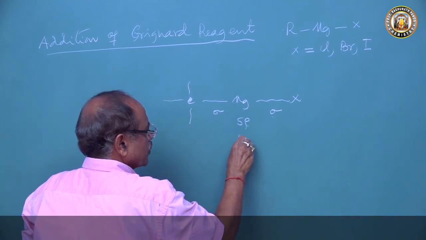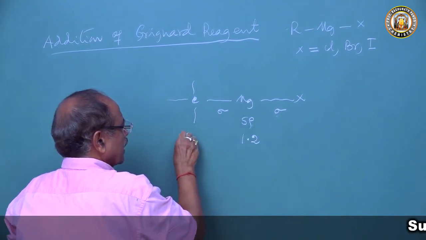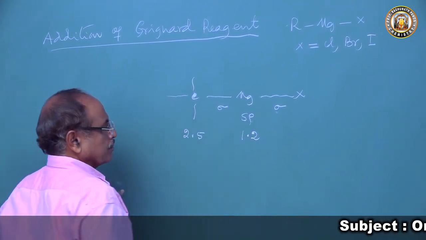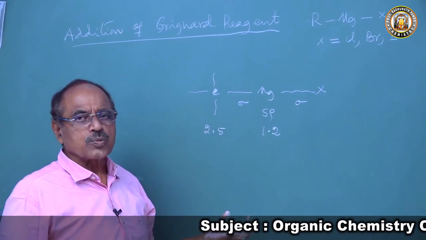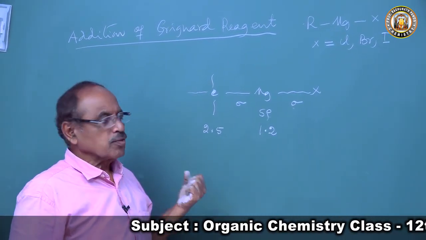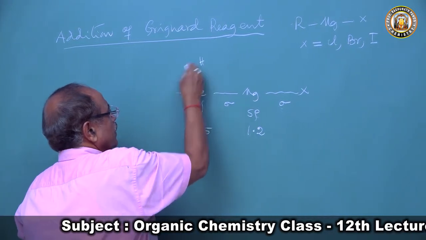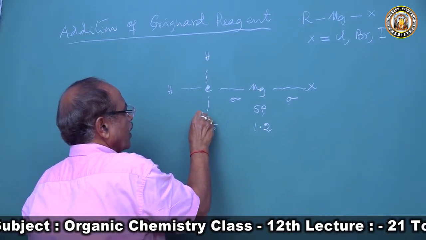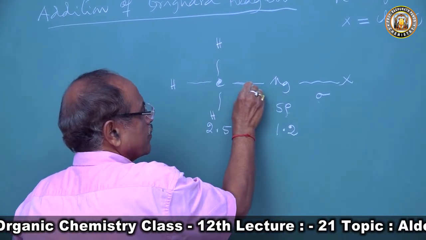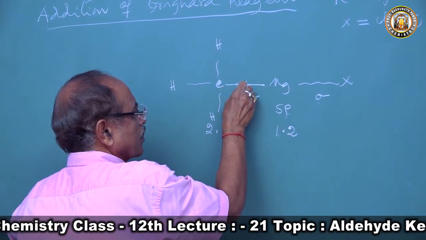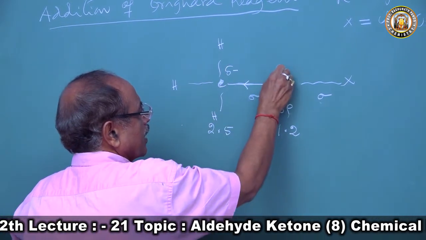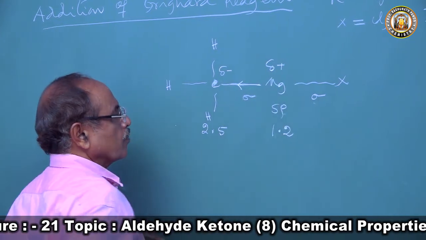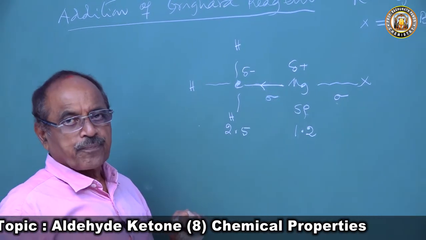The electronegativity of magnesium is 1.2 and carbon is 2.5. It is a covalent molecule and a highly useful synthetic reagent. If you take a simple alkyl group R, there is always a drift of electrons towards the carbon atom. The carbon atom has a delta negative charge and the magnesium atom has a delta positive charge in this molecule.